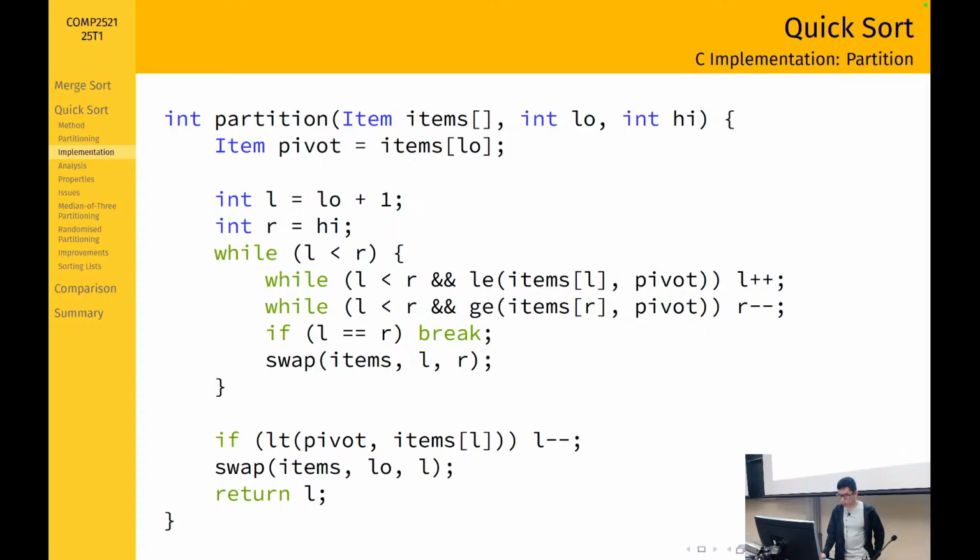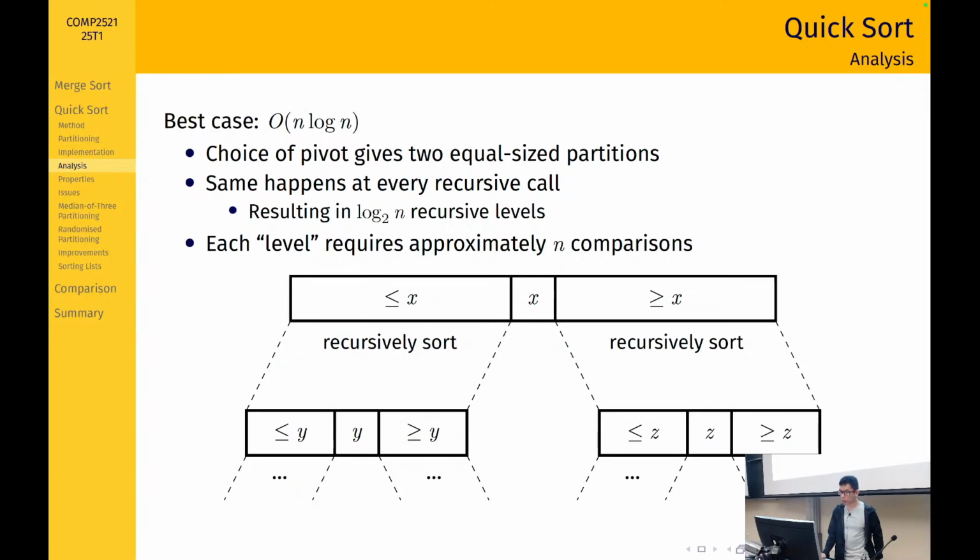Okay, so now let's look at the analysis of quicksort. Okay, so in the best case, right, quicksort is going to choose the best pivot every time, right? What I mean by the best pivot? Well, if the pivot happens to be the median element, right?